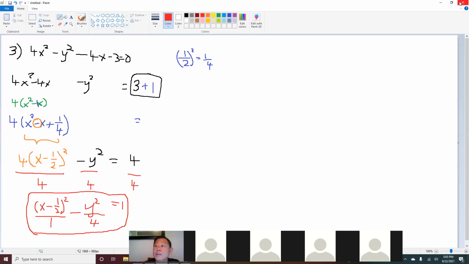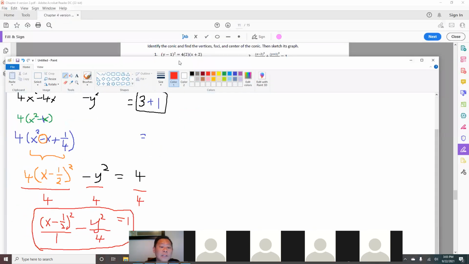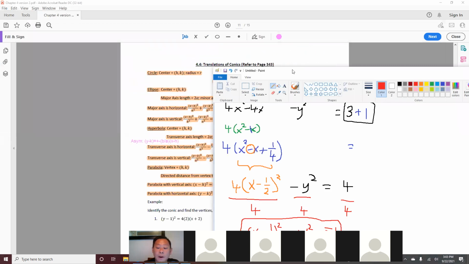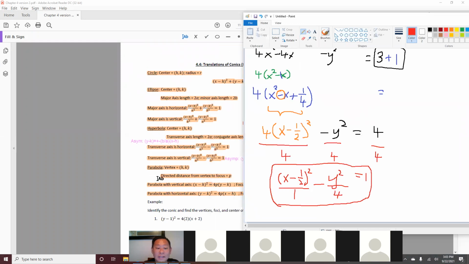So once you get this equation, you just need to look at your formulas here and compare which one is the same as this. So can someone tell me which conic section this one is? Hyperbola. And don't forget, if you tell me it's a hyperbola, can you tell me also which one is that?